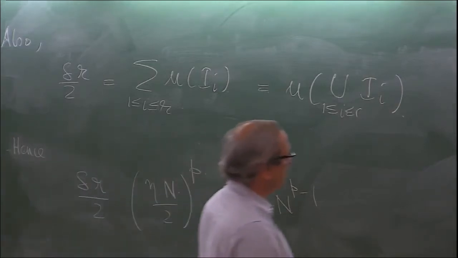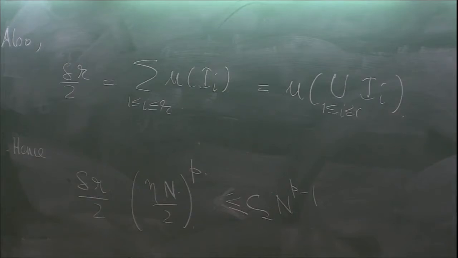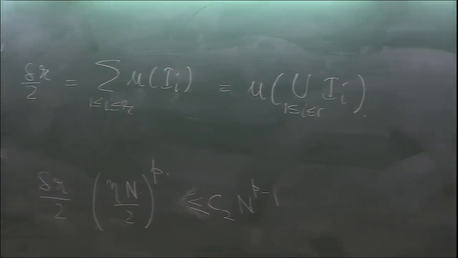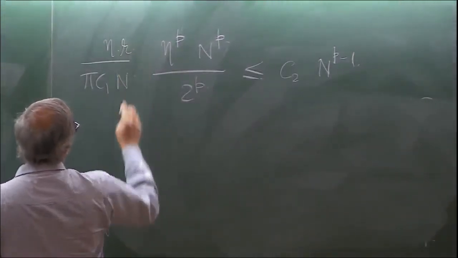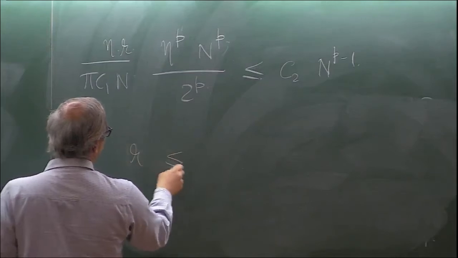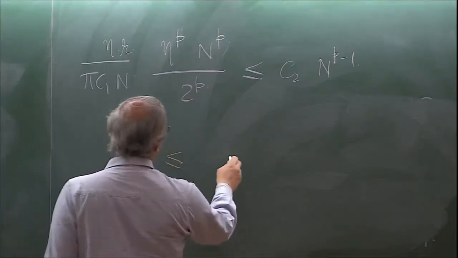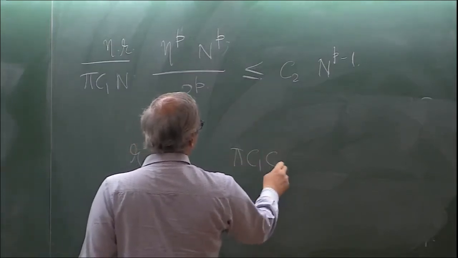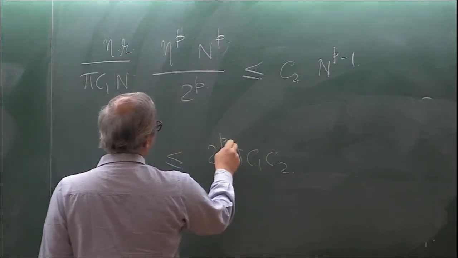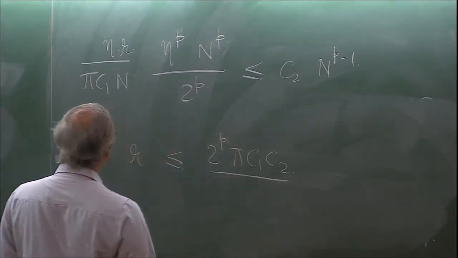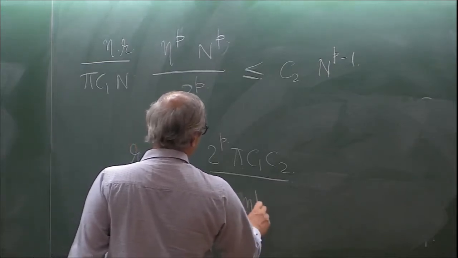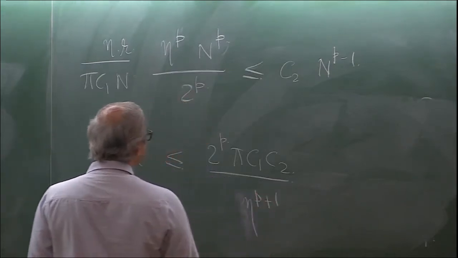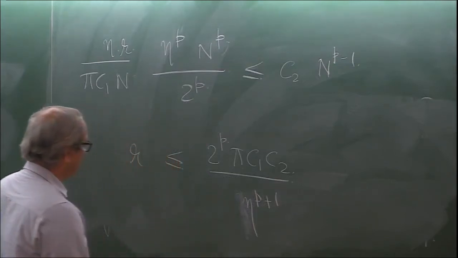So that is less than C2 times NP minus 1. And if you cross multiply everything, there is an R here. You conclude that R is less than or equal to pi C1 C2 2 to the power of p divided by eta to the power of p plus 1 is what you get.